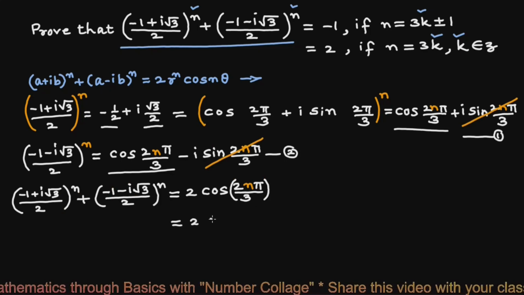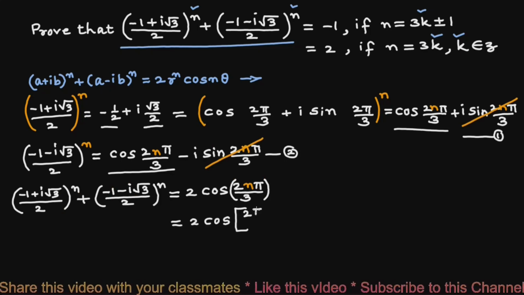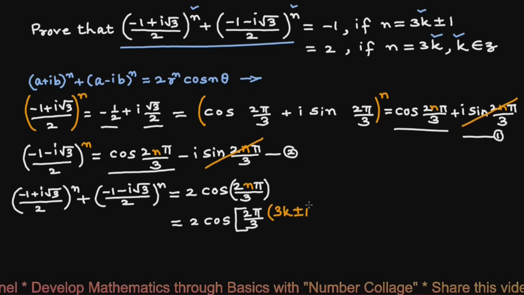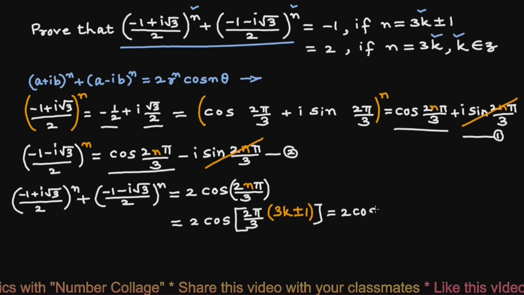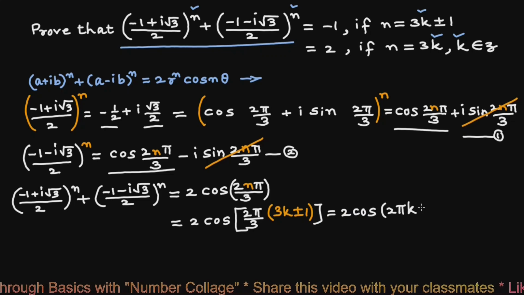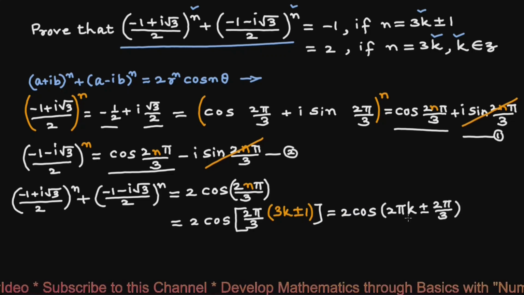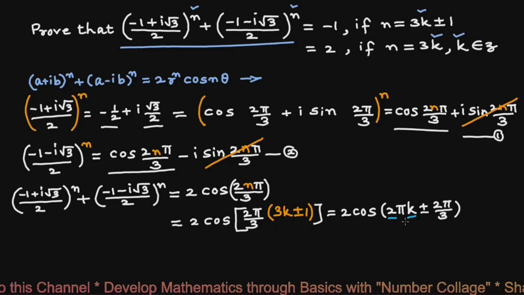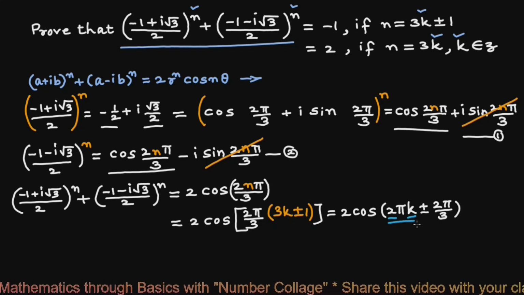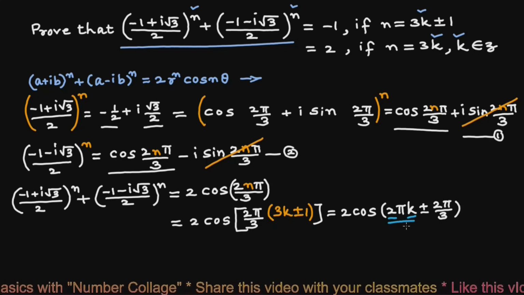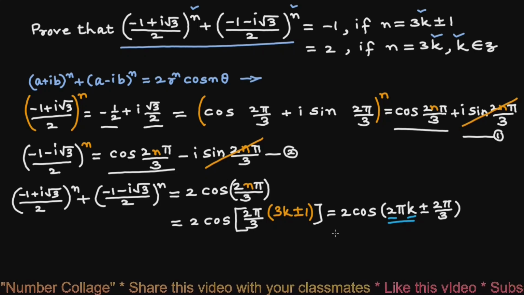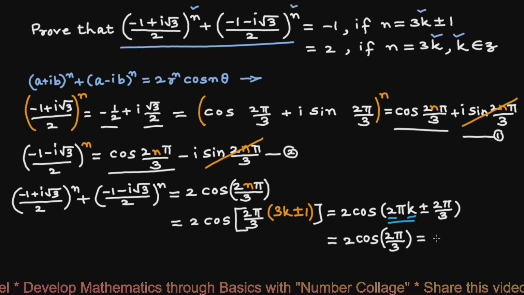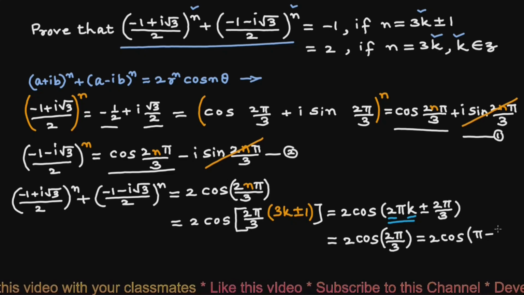This will be 2 cos 2n pi by 3 and n is 3k plus minus 1, which will be 2 cos (2 pi k plus minus 2 pi by 3). Since k is an integer, 2k will be even and therefore 2 pi k will be an even integral multiple of pi by 2. Therefore, this will be 2 cos 2 pi by 3, which is 2 cos (pi minus pi by 3).